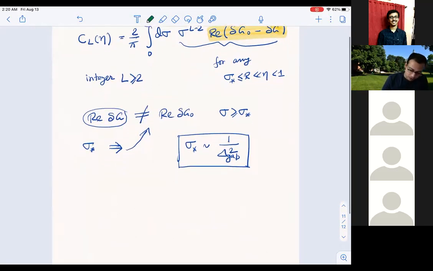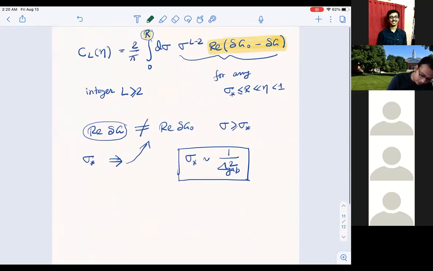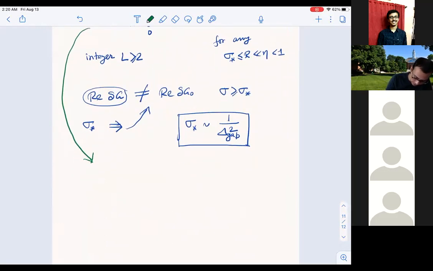Okay, so now from this dispersion relation I can write down the following 3 conditions. First of all, C_L eta should be strictly positive for all L greater than or equal to 2.